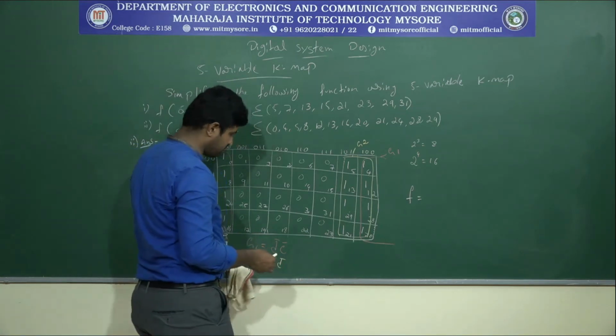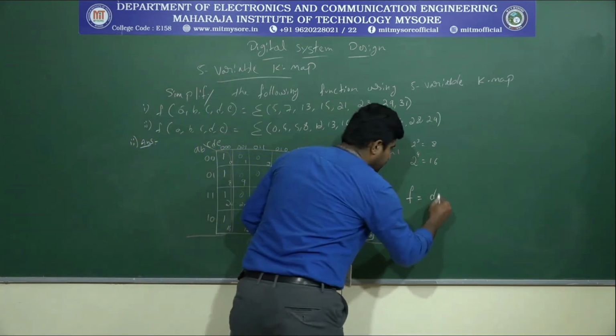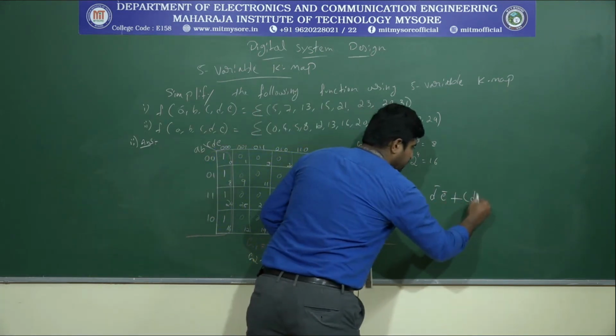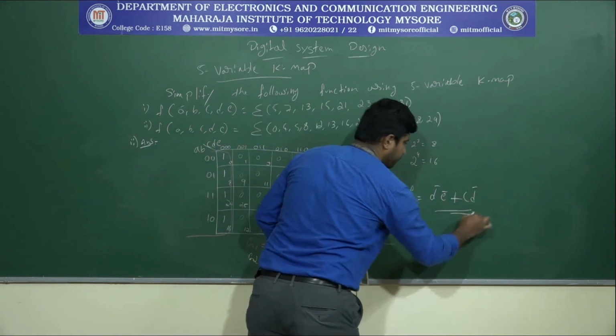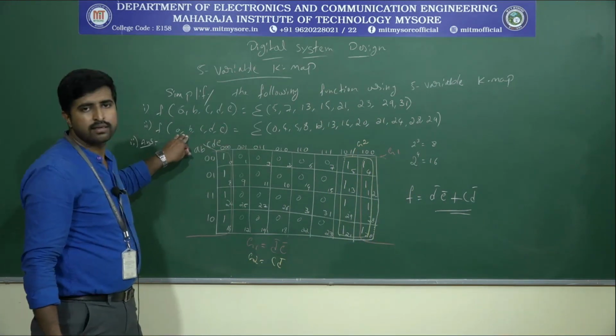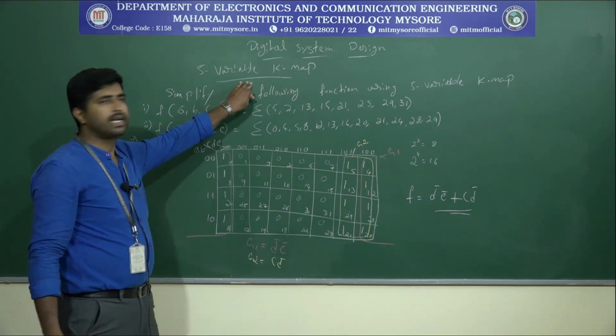So the simplified expression is D bar E bar plus C D bar. Like this, we simplify a 5 variable expression by using the K map.